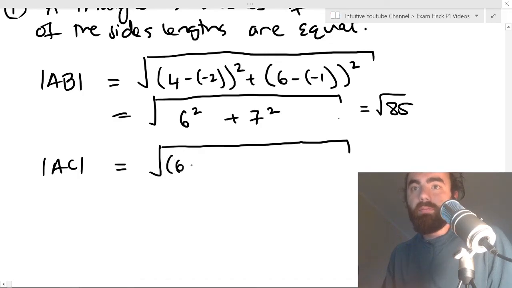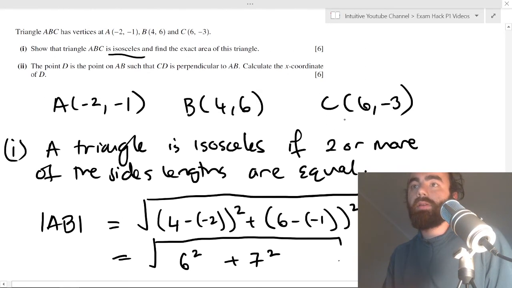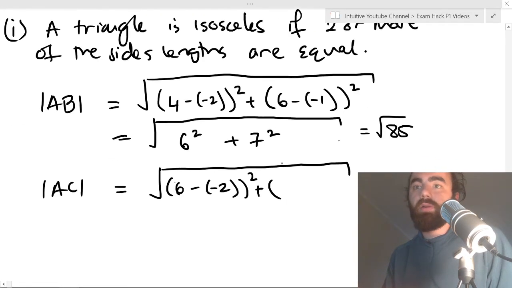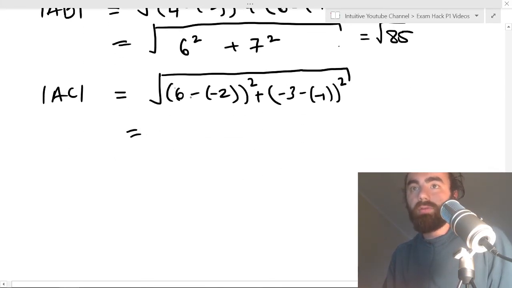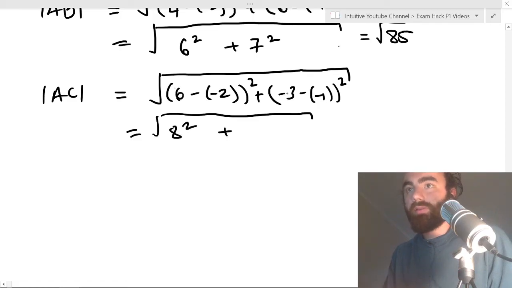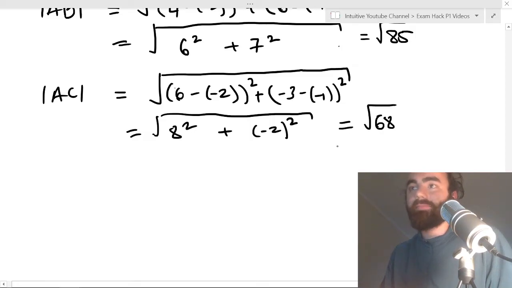So 6 minus -2 squared plus -3 minus -1 squared. And that equals the square root of 8 squared plus -2 squared, which is 2 squared, the same. You can write it like that. So that is 64 plus 4, which equals the square root of 68.